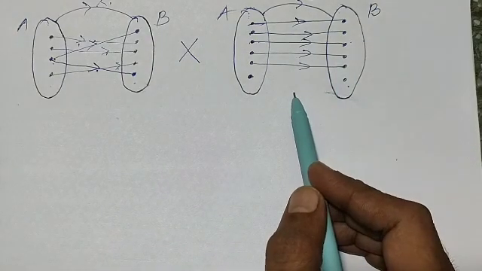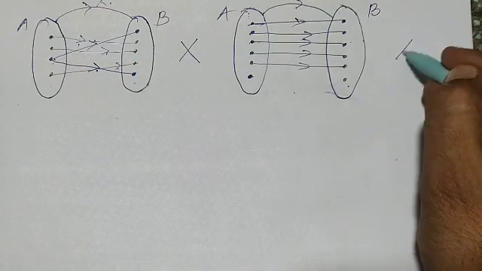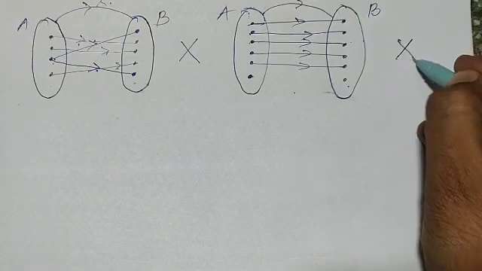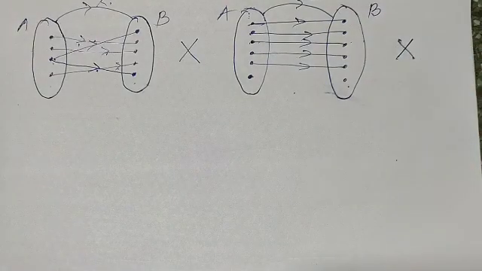So this relation is also not a function. So if the first criteria is not met, we don't have to check whether the second criteria is satisfied or not, because the relation cannot be a function.